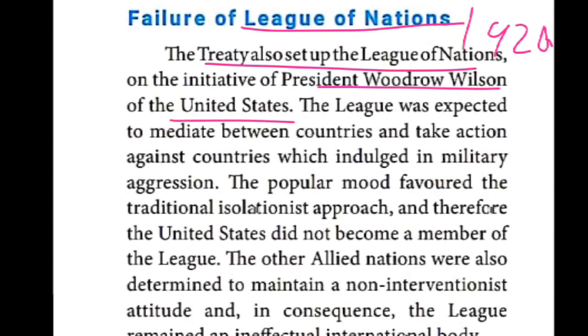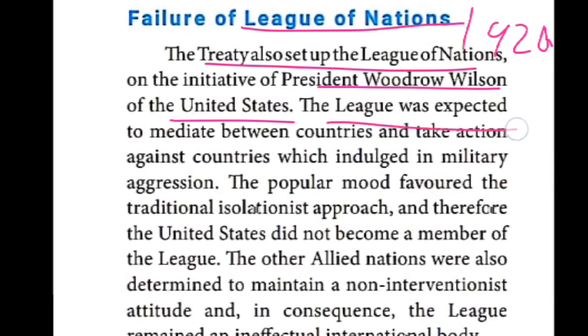He was responsible for the formation of the League of Nations. What did the European countries expect at that time? That no one needs to interfere in others' affairs, and that if anything happened, the League would at once solve the problem and act as a mediator.